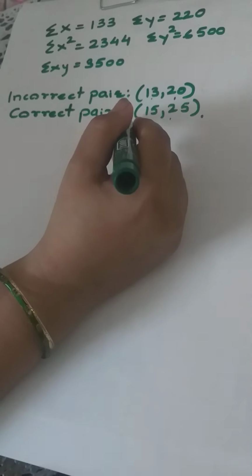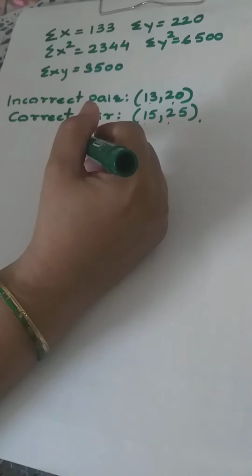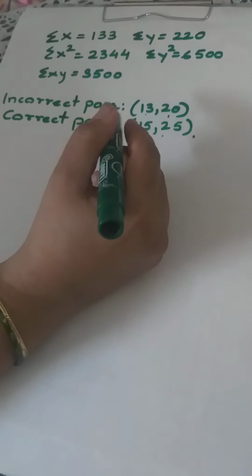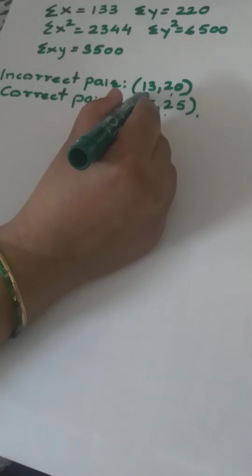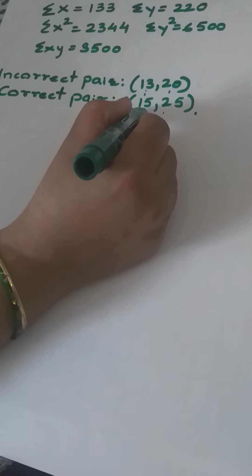Now for finding this, what we have to do is take off those observations that are incorrect and then add the correct ones.